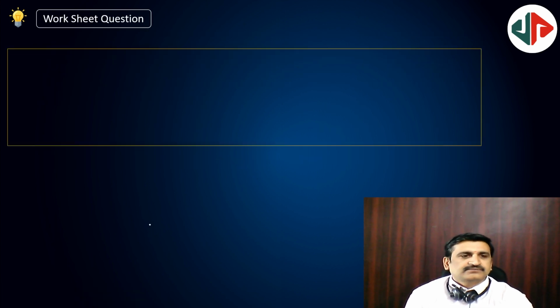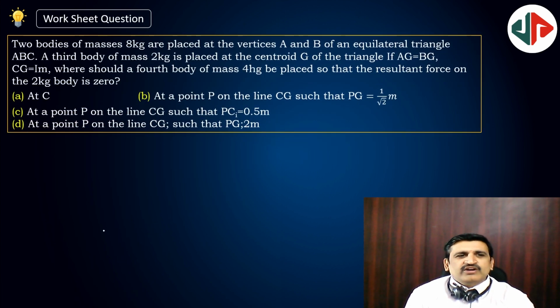Yes. Next. Two bodies of masses 8 kg, both are 8 kg only, are placed at A and B of an equilateral triangle ABC. A third body of mass 2 kg is placed at centroid G, and AG is equal to BG and CG is equal to 1 meter. Let me check all these numbers.